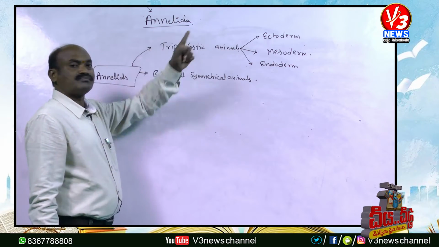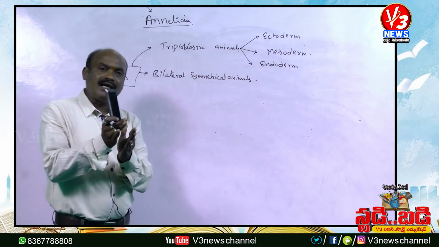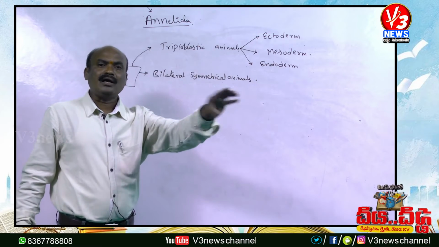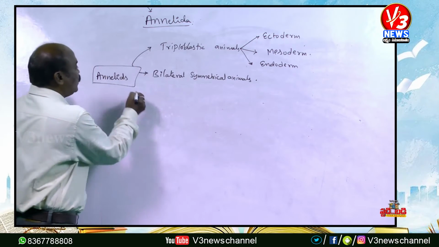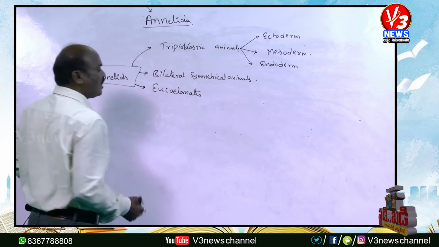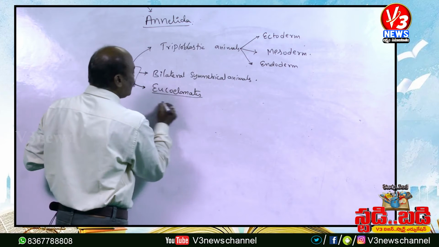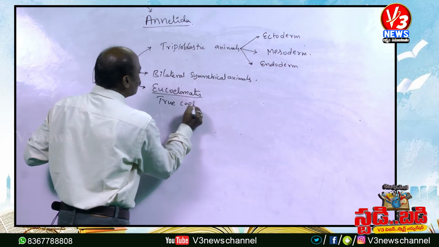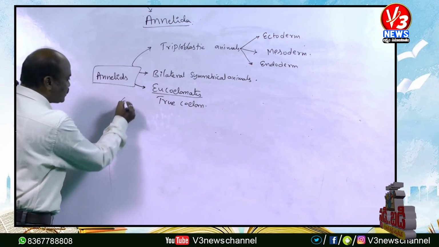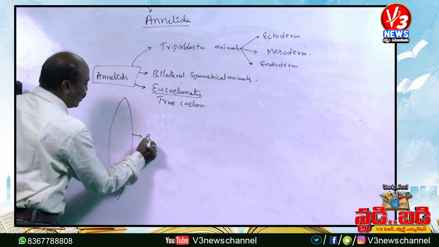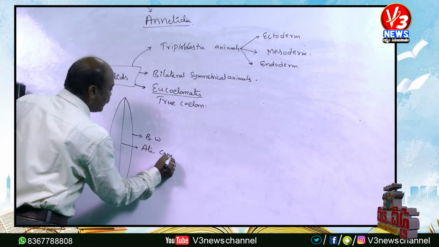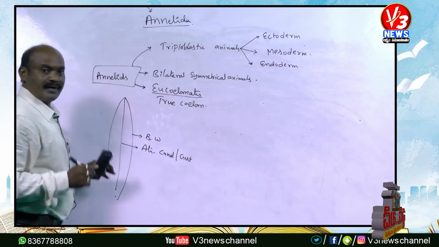Whereas from annelida onwards, all are eucoelomates. Eucoelomates means they possess true coelom. True coelom means, here this is the body wall, and this is the alimentary canal or gut.